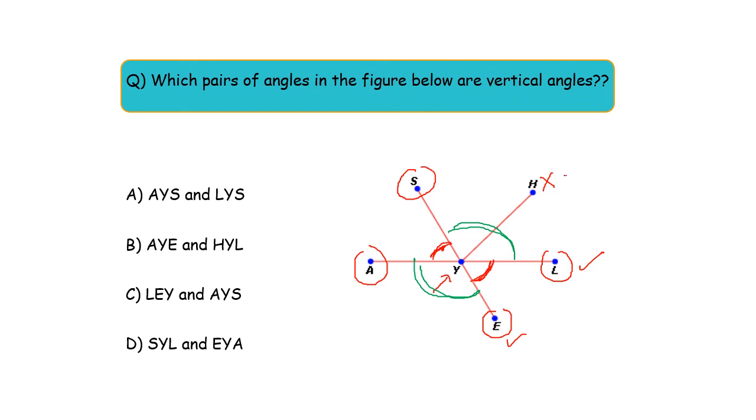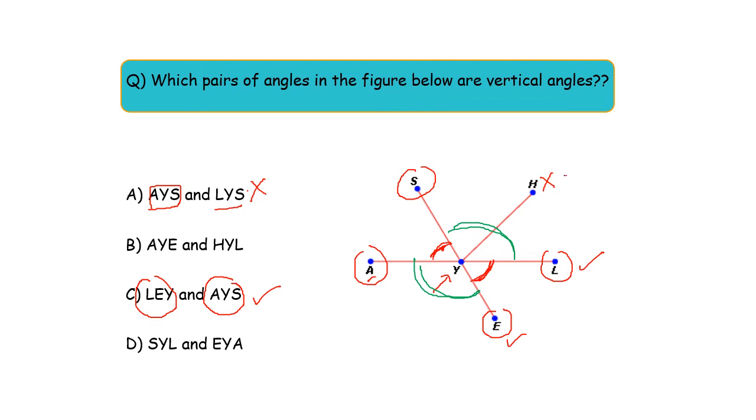So let's name it AYS. I can see AYS written here, and the vertically opposite angle is LYE. Here it is LYS written. They are not vertically opposite. This is a wrong answer.